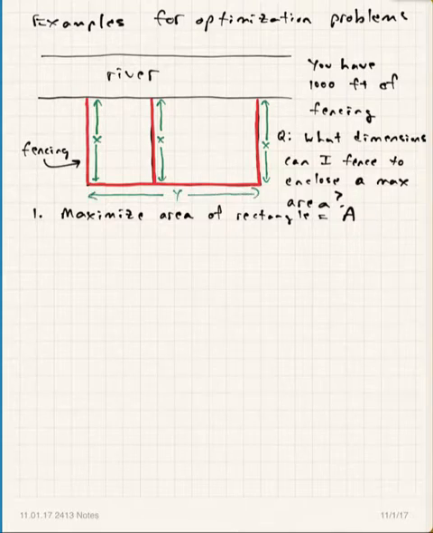All right, so if that's true, then going on to the second step, which is to write an equation that gives area as a function of 1 or more variables, we can see just from this picture, you have a rectangle, area is X times Y. So there's our equation for area.